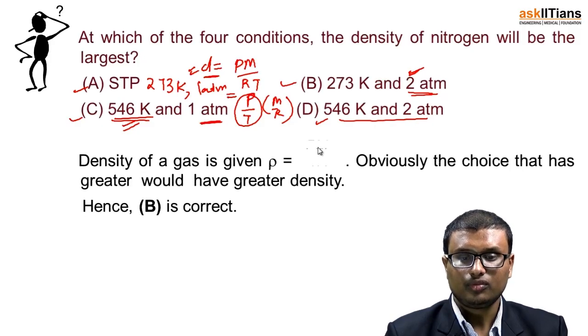So the density of the gas is nothing but PM by RT. Obviously the choice that has the greater P by T value is the answer. Since the numerator is larger, 2 by 273 is the maximum of all the options available. So B is the correct answer because the P by T ratio is maximum.